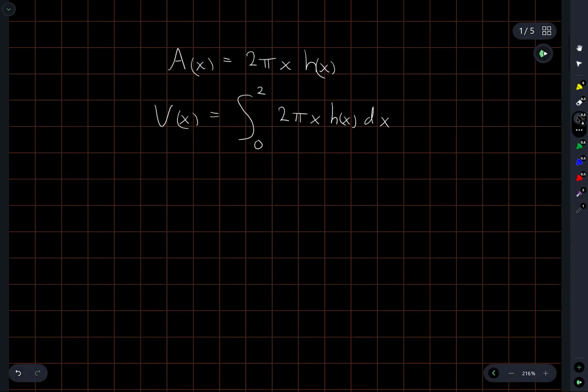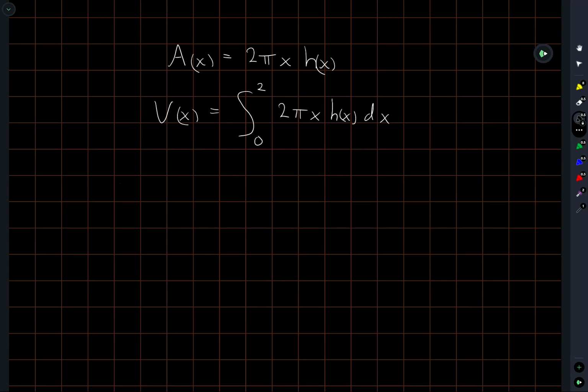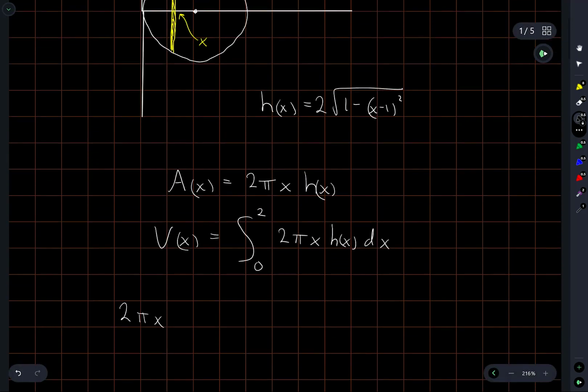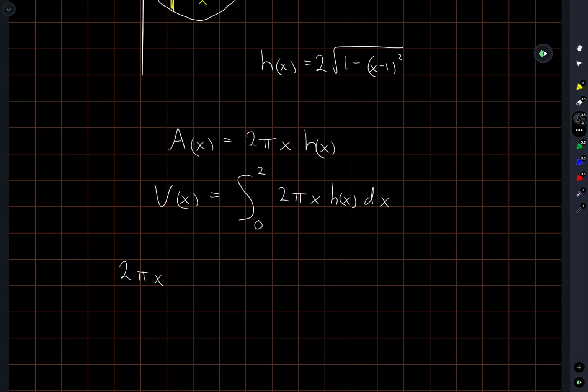Is this going to be something easy to integrate? Oh, I'm missing a factor of 2 here from the h, so this should be a 4. 4 pi x times the square root of 1 minus x minus 1 squared.